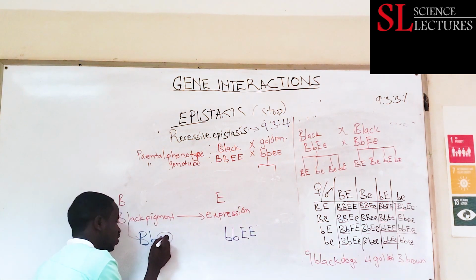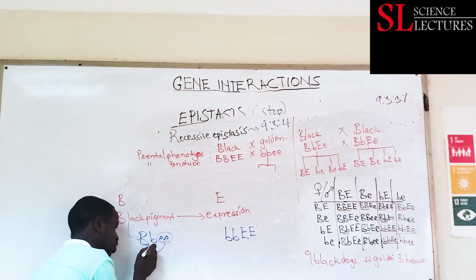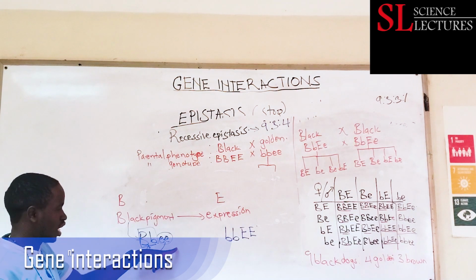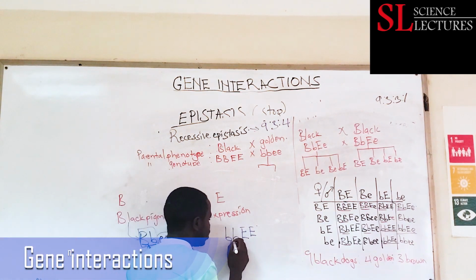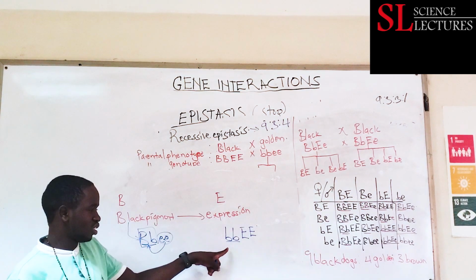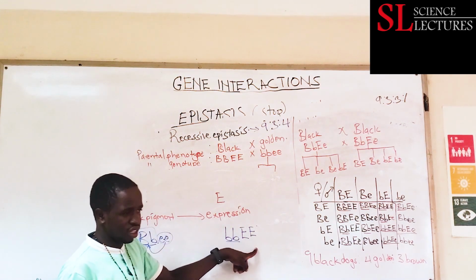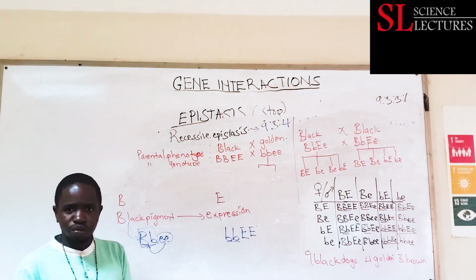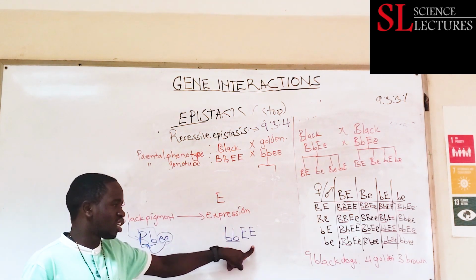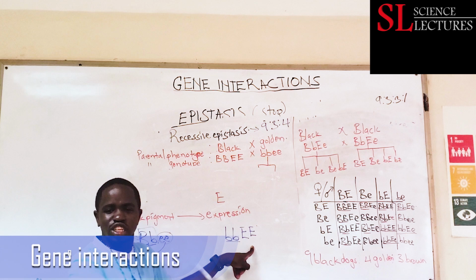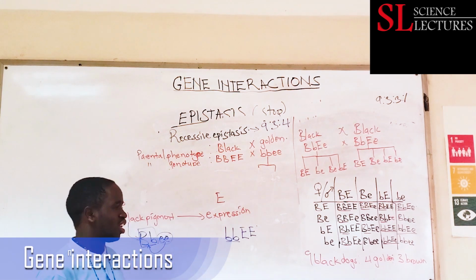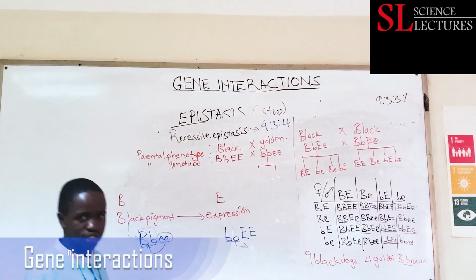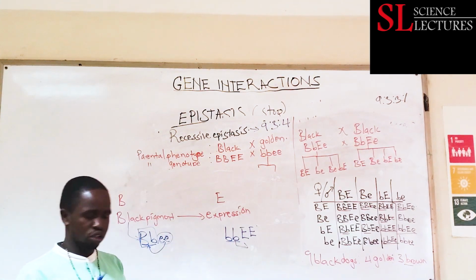This recessive E has masked the expression of this dominant gene B. At the same time, we can have this gene B recessive and this E dominant. However, we shall have no pigment being produced, but you have a gene that is staying in the skin, the hair shaft expressing a given color. That is how we end up with a brownish color being expressed in the phenotype.